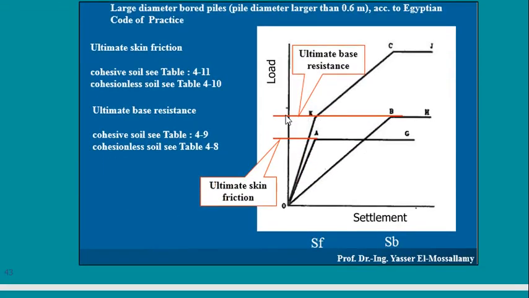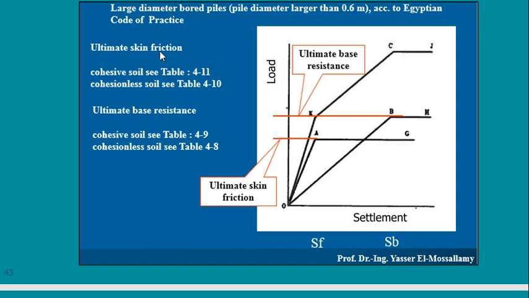The code will give me the other direction. It will give me the stress or the load in case of these two points, point A and point B, which represent the failure in case of end bearing and friction, the failure load. This is called the ultimate skin friction and the ultimate base resistance.